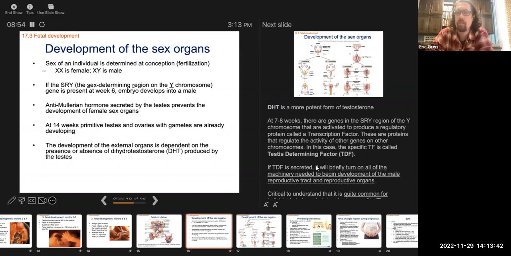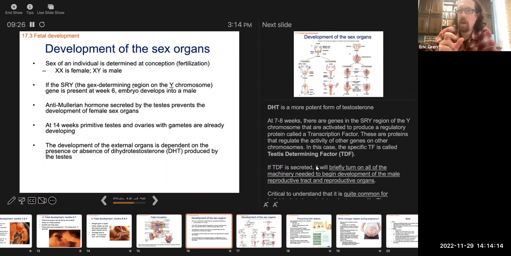If there's no Y chromosome, or if for some reason testis determining factor is not secreted, or isn't recognized or doesn't do its job, then it is possible for you to be genetically male but biologically develop as a female, because the default condition for the human body is female.